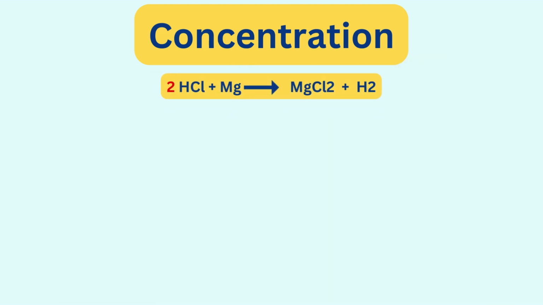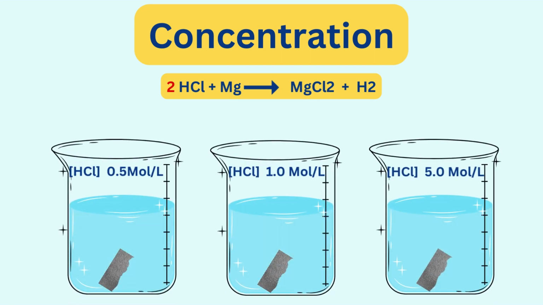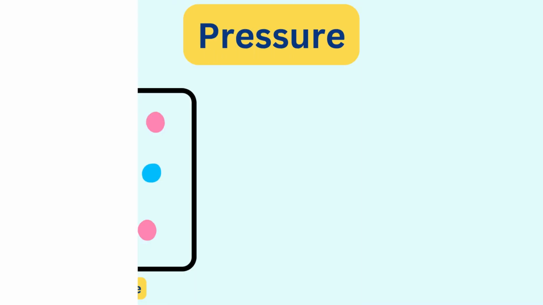For instance, in a reaction involving magnesium and hydrochloric acid, elevating the acid concentration heightens the number of collisions between acid molecules and the magnesium surface, resulting in a faster reaction. This is observed as more vigorous bubbling, as more hydrogen gas is produced in the same time period.